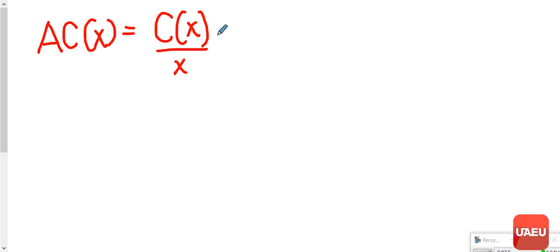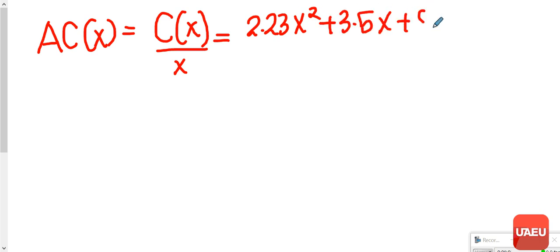According to our definition, we said average cost of making X units is going to be given as total cost of making X units divided by the number of units, which is X. We remember that our cost function is 2.23X squared plus 3.5X plus 85. And we are dividing this by X.